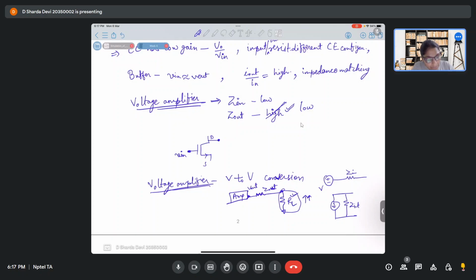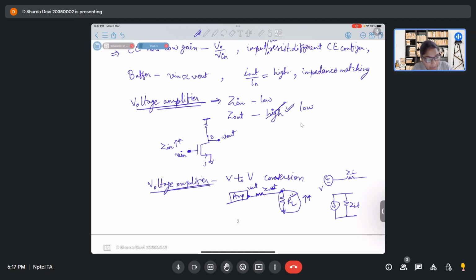But what is this configuration? If I connect it like this, what is this configuration called? Common source. So here we know that this impedance Zin is very high, right? है ना? Yes, ma'am.